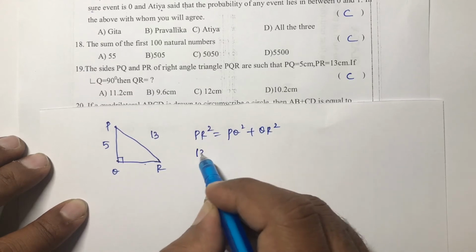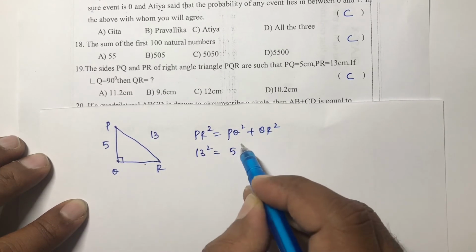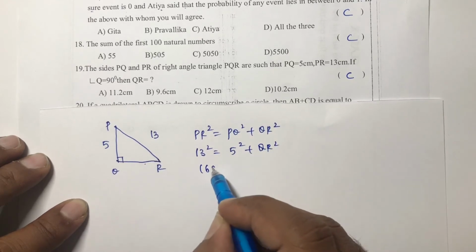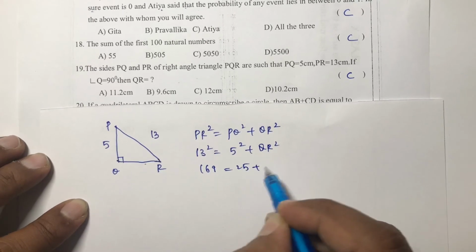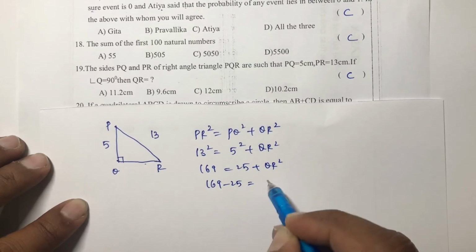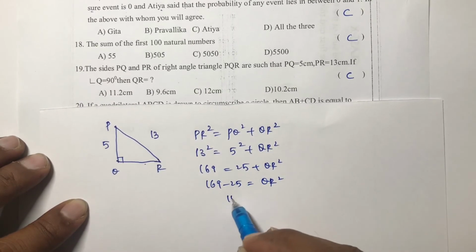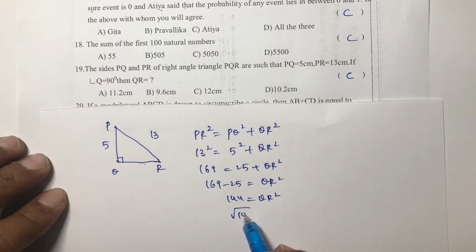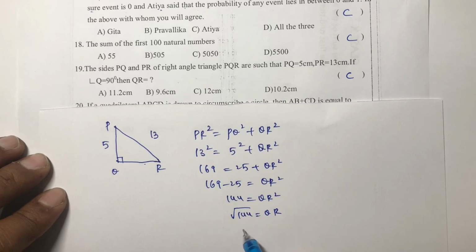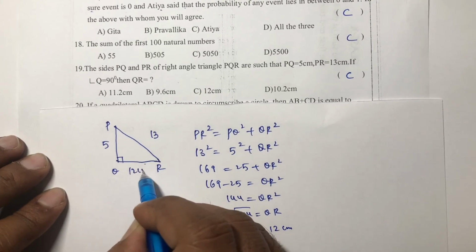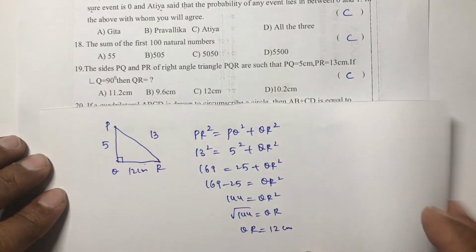So PR is 13 square, PQ is 5 square plus QR square. So 169 equals 25 plus QR square. 169 minus 25 equals QR square. 144 equals QR square. Root 144 is QR. So QR is 12 centimeters. So the correct option is C.